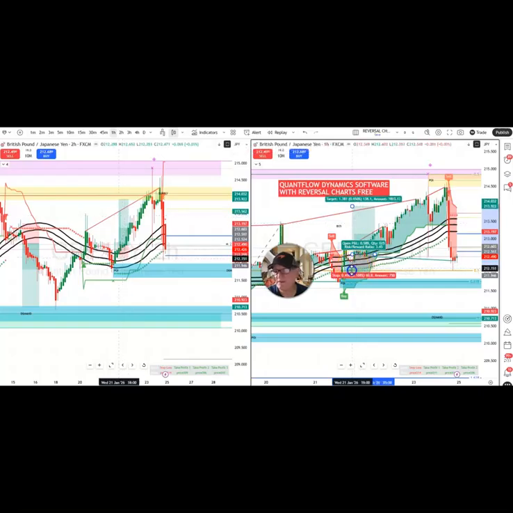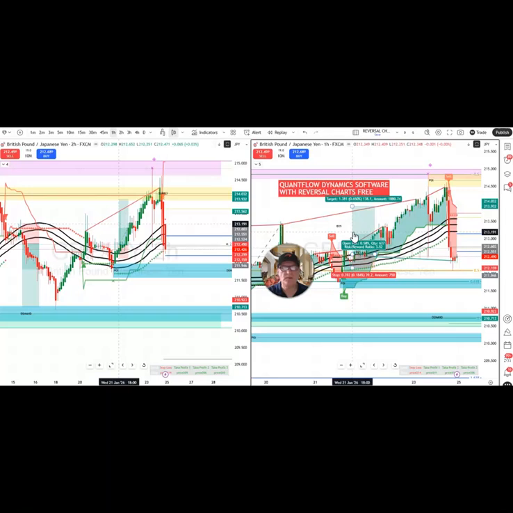We can use the 50 MA below there as an initial stop, because I don't want the price to break below the 50s. It acts as strong support. Now if you want to use the support line down here, that's fine as well. If you have a look at that, it just gives you the swing low just below, 36, 40 pips, let's say, and then you can have your 2 to 1.